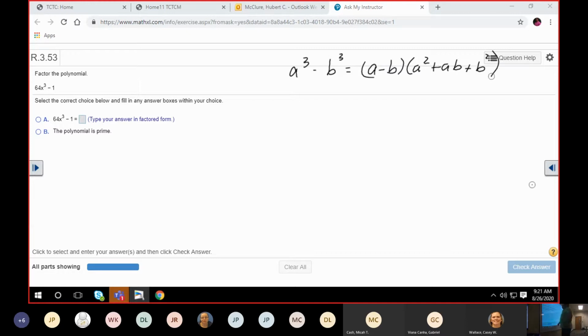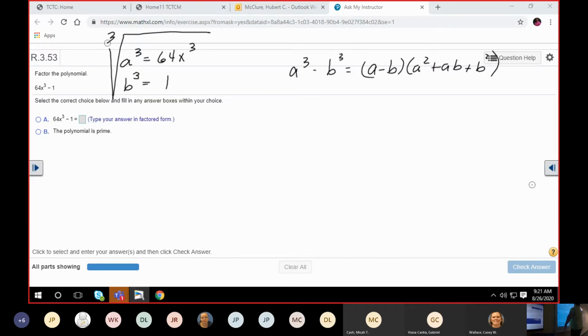So you've got to take the cube root. a cubed is equal to 64x cubed. b cubed is equal to 1. Take the cube root of everything. a is equal to what? 4x, Hubert, right?